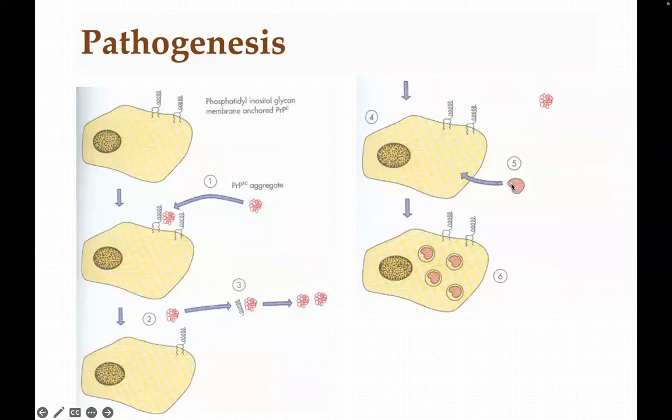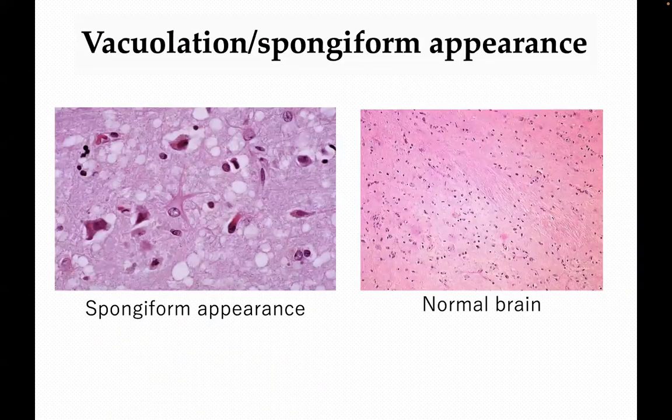And these aggregates are plaques in between the brain cells, which can be internalized inside the neuron. And once they are internalized, they become neurotoxic, and the neuron can die, forming the vacuoles, giving the appearance of the spongiform. So this is how the brain tissue will look. On the extreme left is the spongiform appearance, whereby you can see the holes. And the normal brain has no holes or vacuoles.